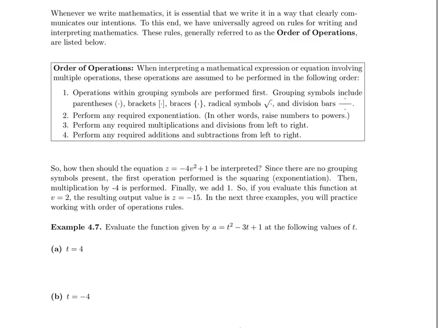So that is the third operation in the flow diagram. So if you were going to evaluate this function at v equals 2, in other words, you were going to substitute the number 2 into this function, you would have found that the resulting output value was -15. In the next 3 examples, you will practice working with these order of operations.